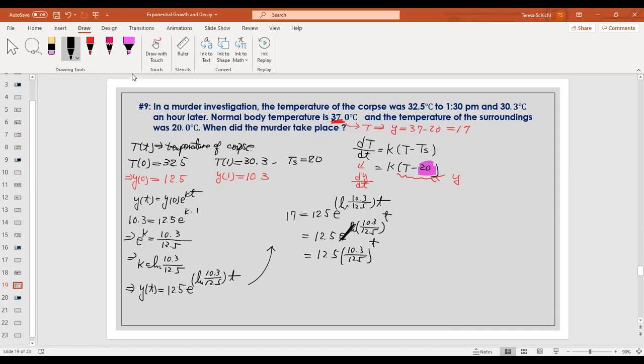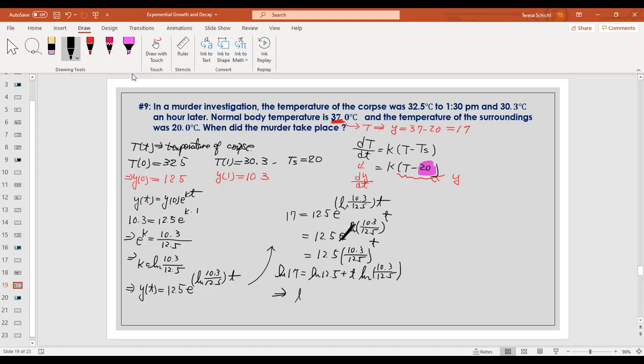So what you need to do is take the natural log of both sides. If you take the natural log of both sides, you will have the natural log of 12.5, plus t times the natural log of 10.3 over 12.5, right? Then you'll be able to solve for t here.